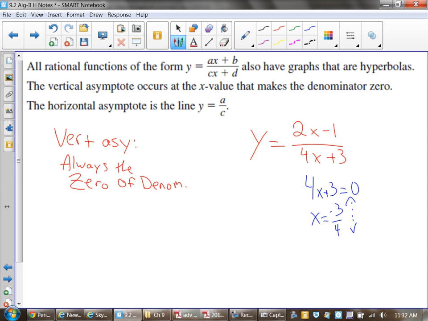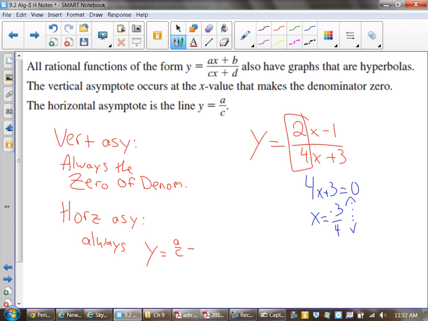My horizontal asymptote is a little bit different for these guys. The horizontal asymptote is always the coefficients in front of the variable divided by each other. That's why they call it the a over c. It's these two guys in front of the x.